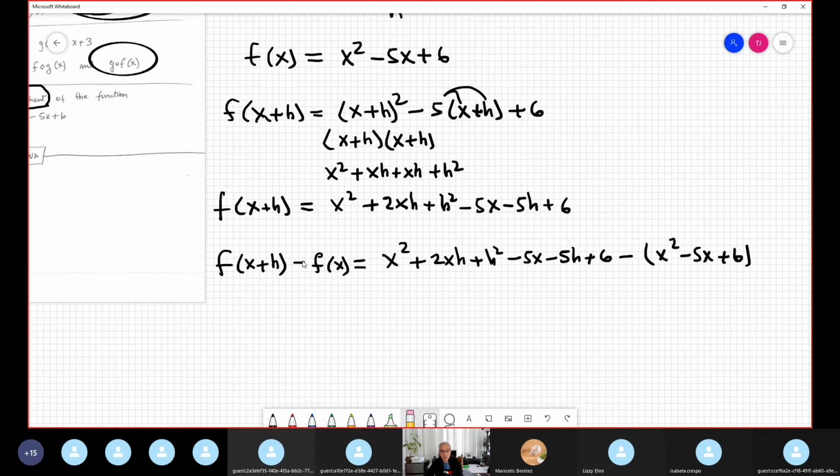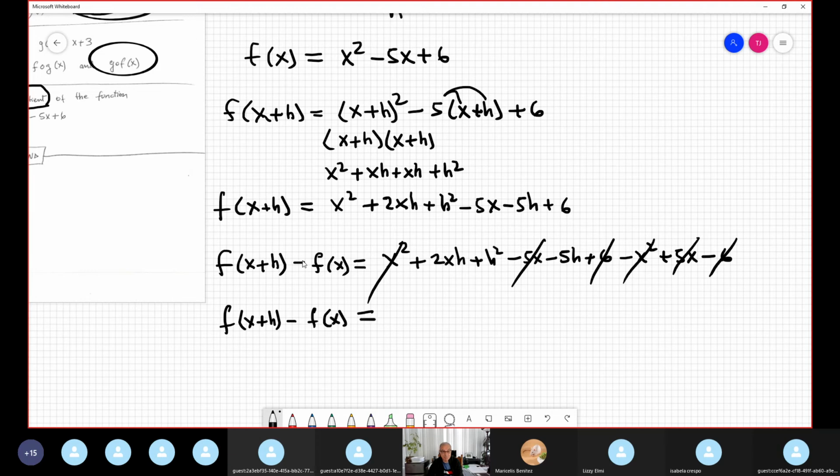Or, in my opinion, it's much better, you change the sign of this new function completely: minus x squared plus 5x minus 6. And this is cancelled. This is also cancelled. Look at that. And this is also cancelled. And stay alive only 2xh plus h squared minus 5h.